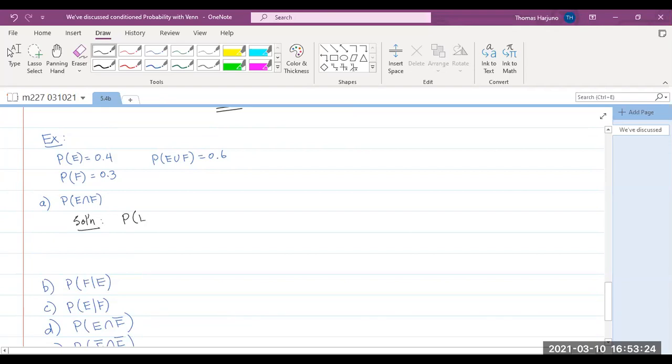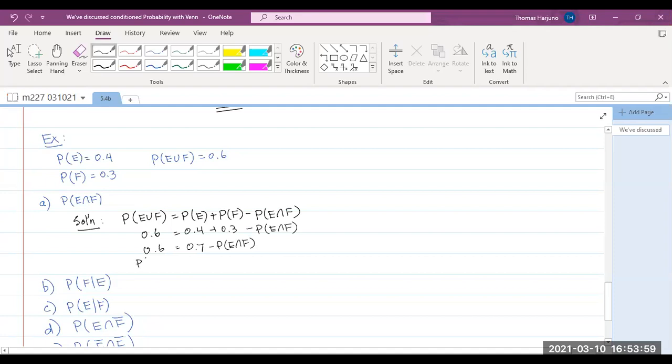Probability of the union equals probability of E plus probability of F minus probability of the intersection. 0.6 equals 0.4 plus 0.3 minus probability of the intersection. 0.6 equals 0.7 minus probability of the intersection.